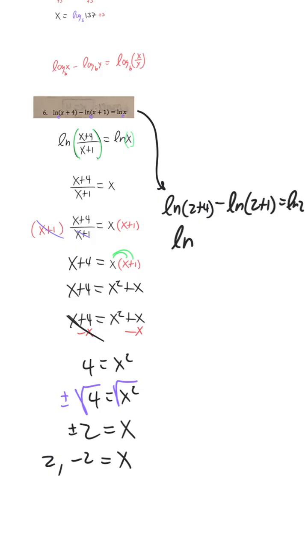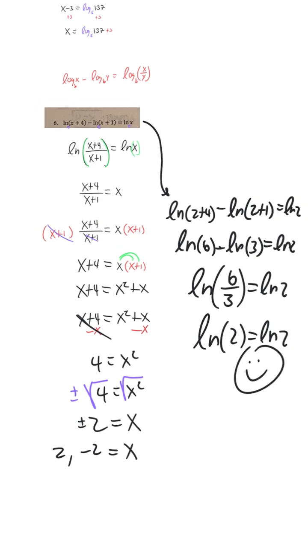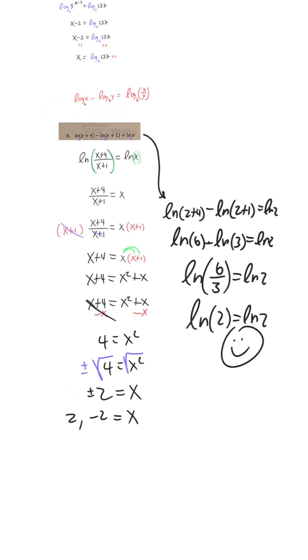Well, let's see. ln 6 minus ln 3 equals ln 2. Applying this principle would be ln of 6 over 3 equals ln 2. And that is ln of 2 equals ln of 2. So that is good.